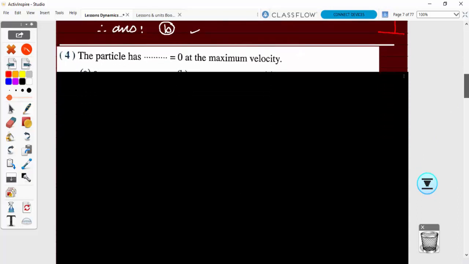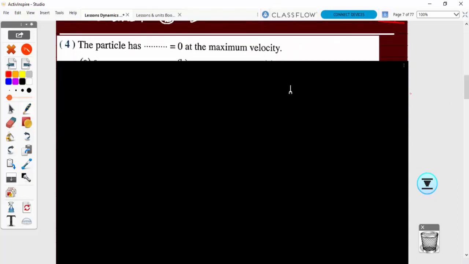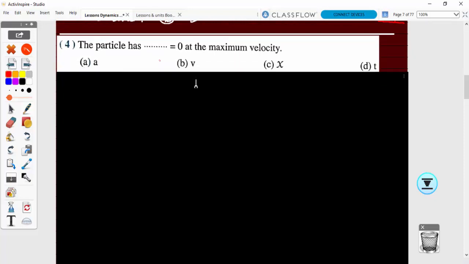Next question. The particle has what equal 0 at maximum velocity? At maximum velocity, here you consider the velocity is uniform. It is fixed speed, fixed velocity, no acceleration.